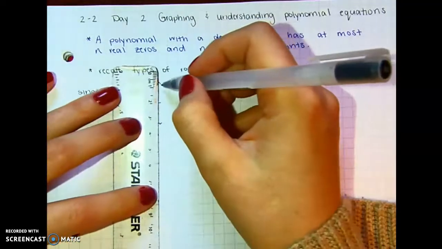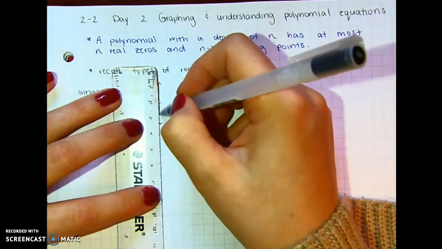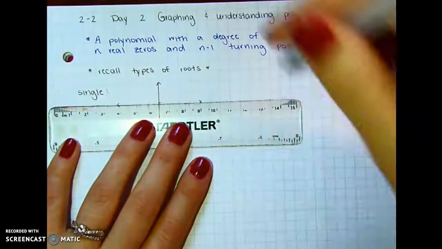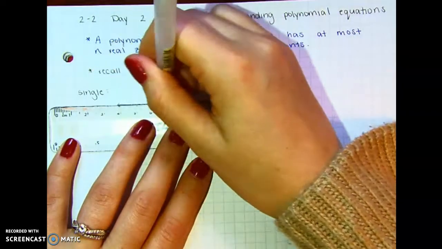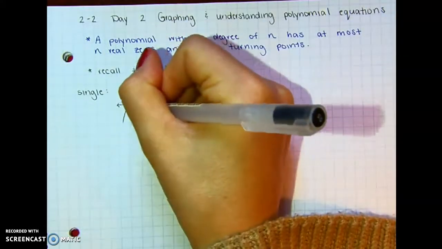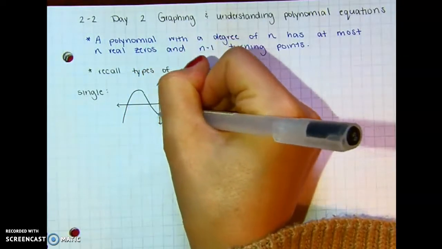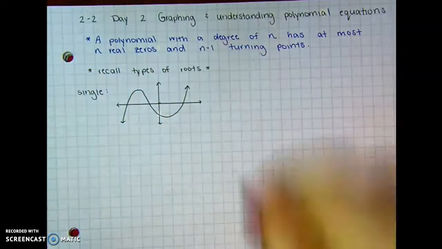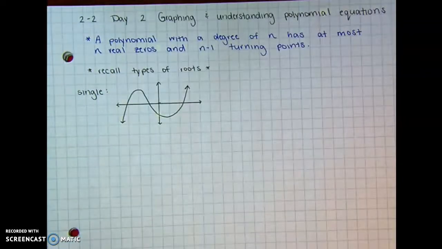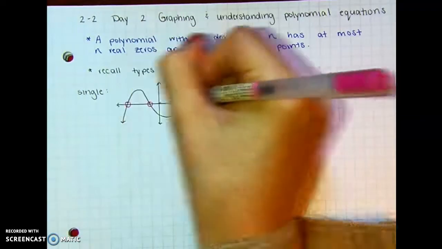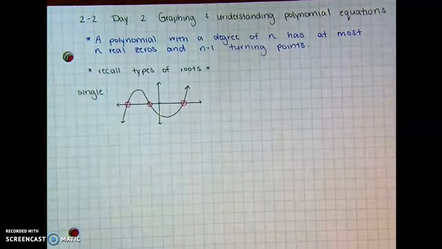So a single root looks like this. So these are the roots, the x values of the x-intercepts.